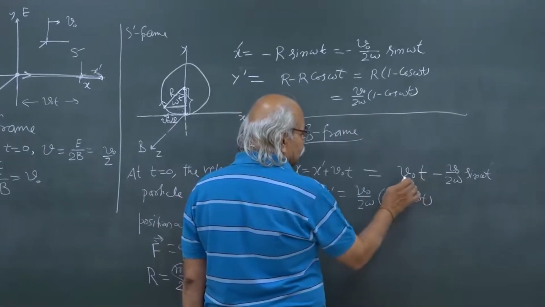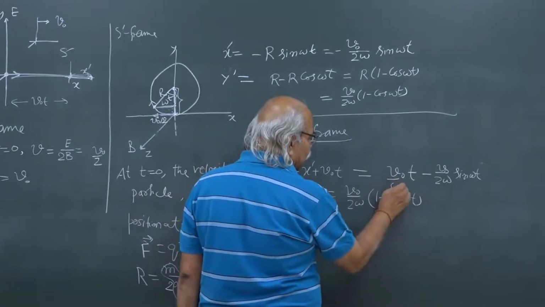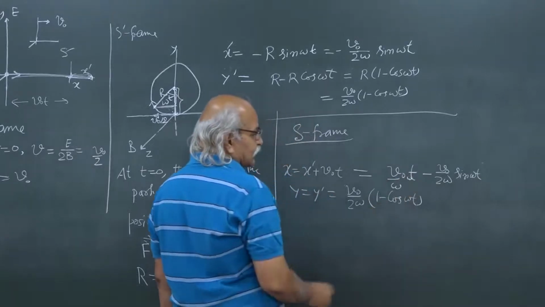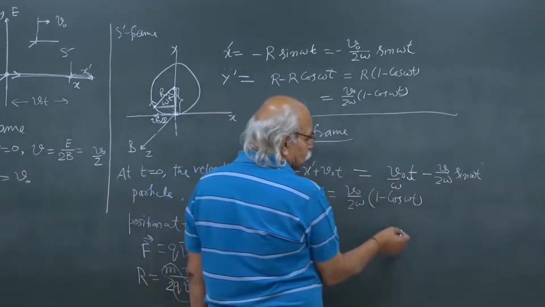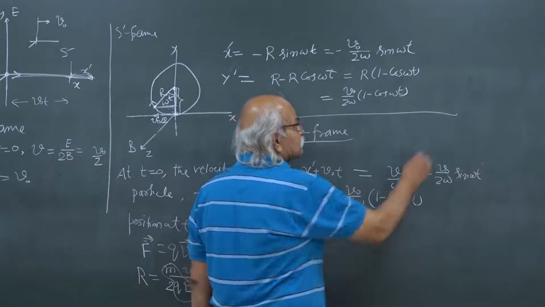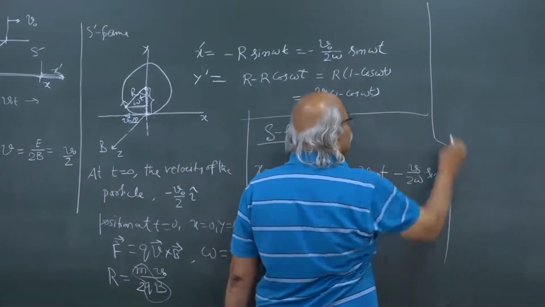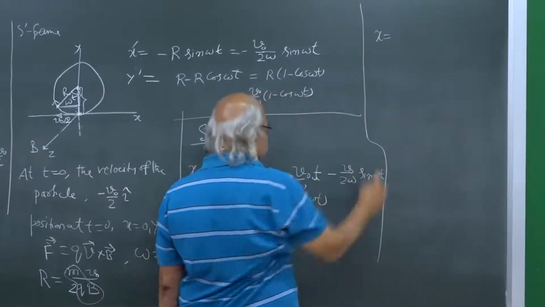This you can write as v naught divided by omega here, and this v naught by 2 omega you can take common. So, what is x finally?